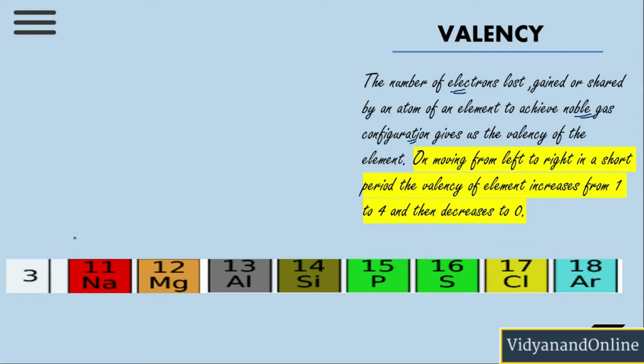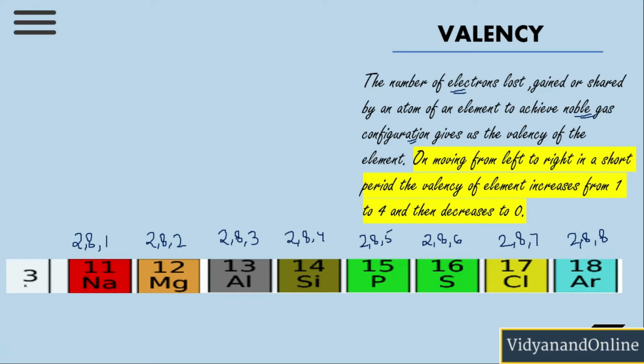So if you see here, this is 2, 8, 1, it is 2, 8, 2, 2, 8, 3, 2, 8, 4, 2, 8, 5, then it is 2, 8, 6, 2, 8, 7 and 2, 8, 8.